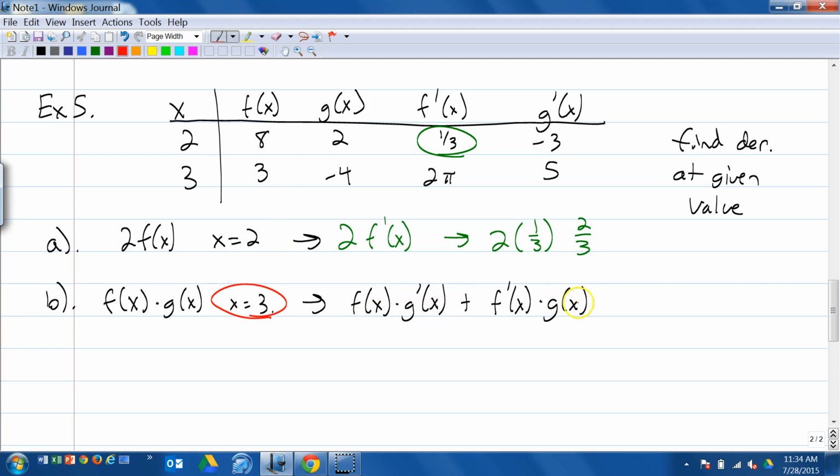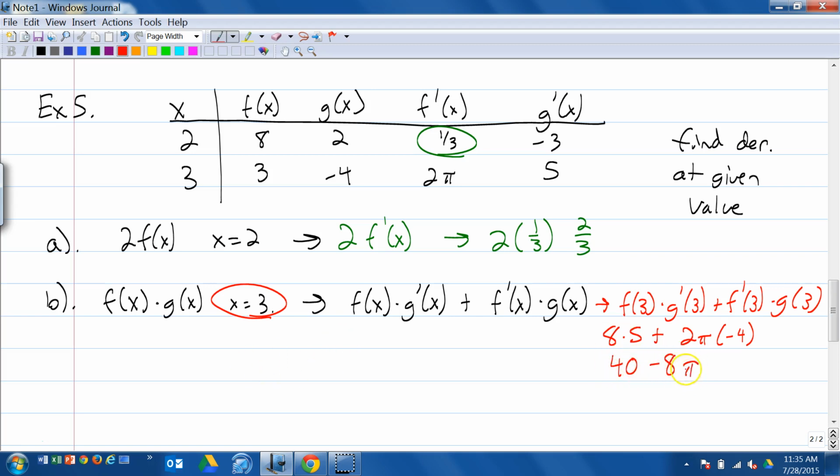Technically, I should rewrite this as f of 3 times g prime of 3 plus f prime of 3 times g of 3. And then you go up here and go, well, when x is 3, what is the function? The function's 8. So I get 8 times, when you're at 3, what is the derivative of g? It's 5, plus f prime is 2 pi, randomly, and g is negative 4. So the derivative becomes 40 minus 8 pi.